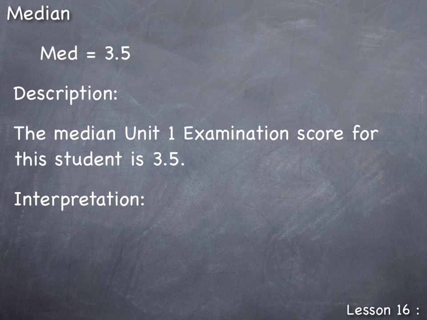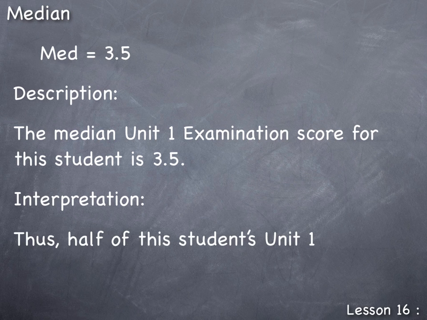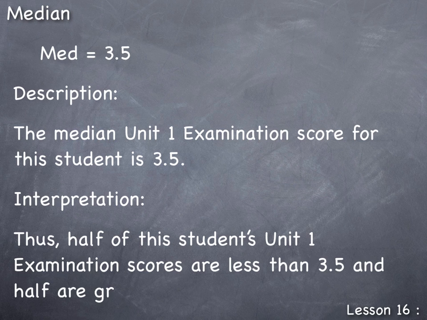The interpretation explains or gives meaning to the result. The median measures central tendency by finding the value such that half the data is less than and half the data is greater than that value. So this is how we interpret the median. Thus, half of the student's Unit 1 examination scores are less than 3.5 and half are greater than 3.5.